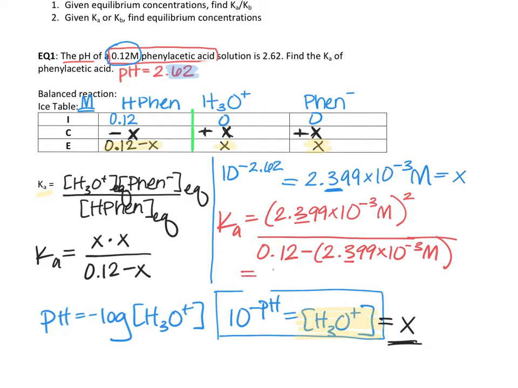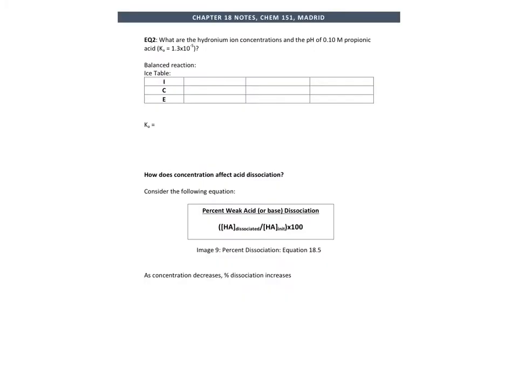Okay, my final answer is 4.9 times 10 to the negative 5 for Ka, and I think that's just 2 sig figs. So take a second to double check that, pause the video if you need, and then we'll go on to our next question on the next page.